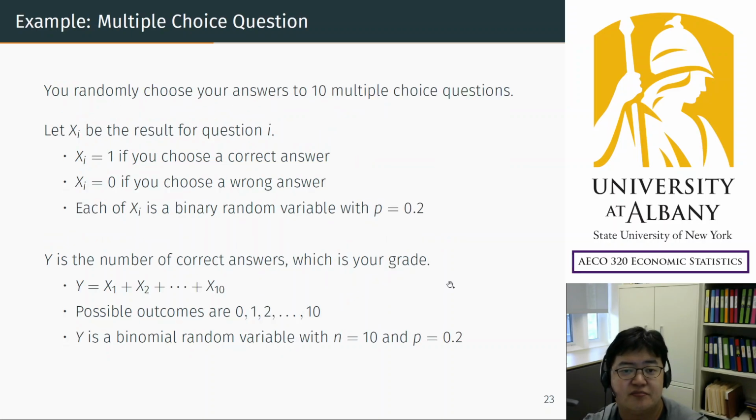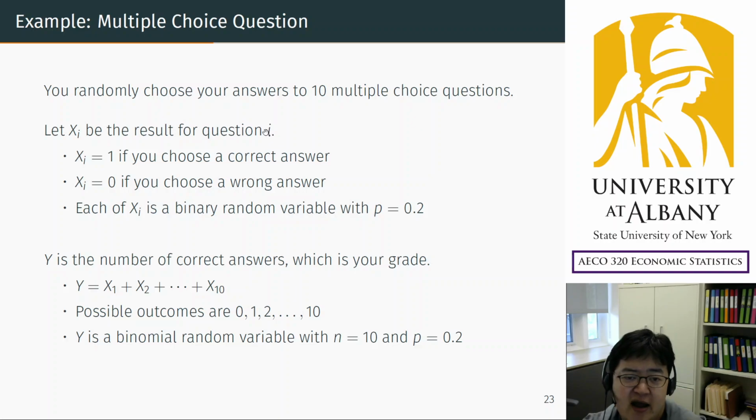So let's go back to the homework example. Suppose that in the homework you have 10 questions and you have no idea at all how to solve any of them. So you randomly choose all the answers, submit, and see how many points you can get. And the definition is the same.